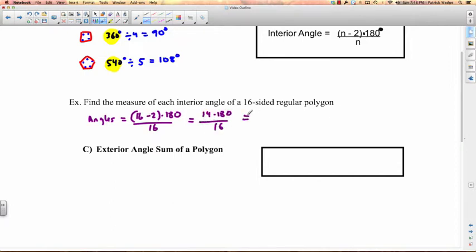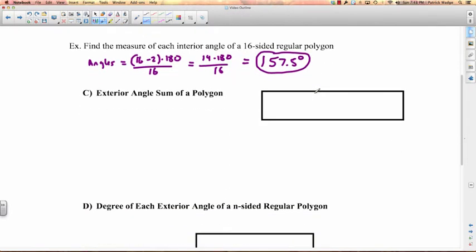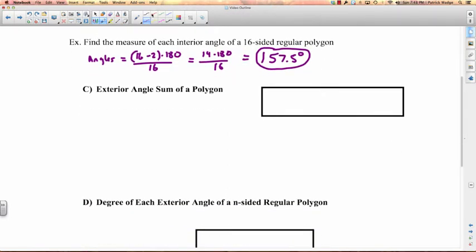If you throw that into your calculator, you get 157.5 degrees. Each of the 16 interior angles in a regular 16-sided polygon has a measure of 157.5 degrees. Alright, now we're talking about exterior angles, so I need to tell you what an exterior angle is.